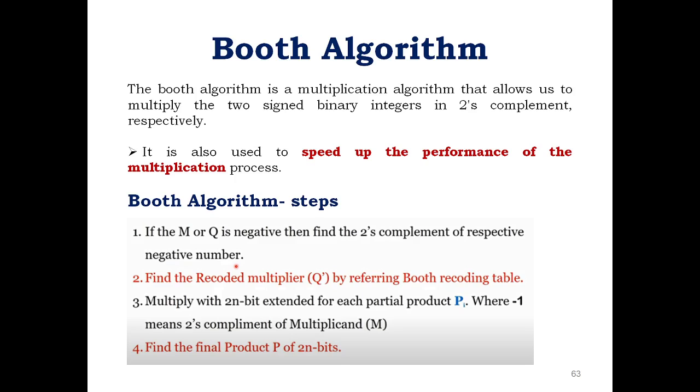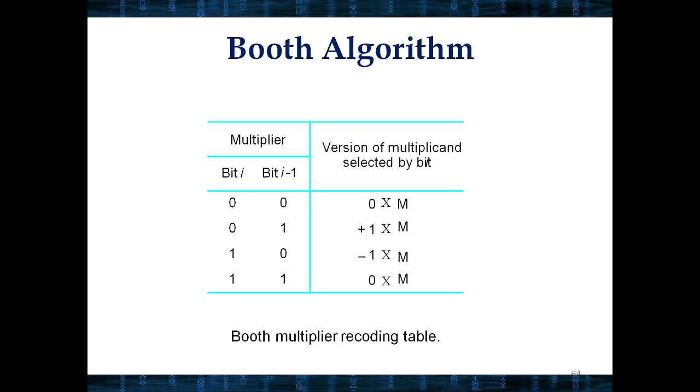Here we will be modifying the multiplier and we call that the recoded multiplier q dash. Then in step 3, multiply with 2n bit extended for each partial product pi, where minus 1 means 2's complement of multiplicand m. Then finally we need to find the final product P with 2n number of bits. So this is the Booth algorithm recoding table.